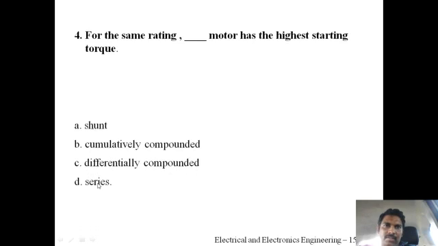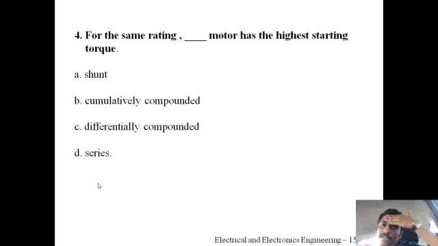The fourth one: for the same rating, dash motor has the highest starting torque. That is the series motor, where the torque is directly proportional to the square of the armature current.